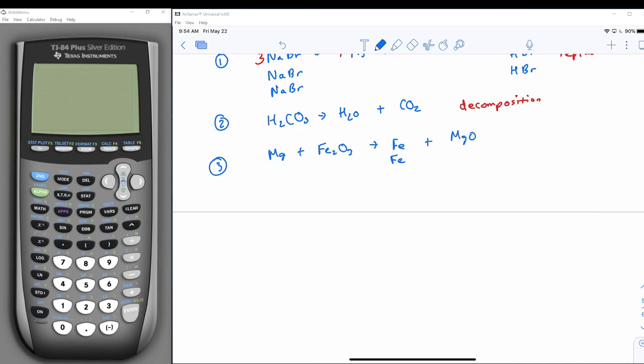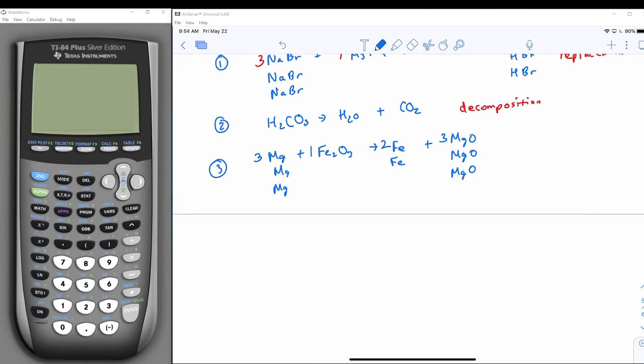Well, we need an Fe here. We need 3 O's here, which means we'll need that. So it is 3, 1, 2, 3. And this, because it's one compound and an element, and they're swapping partners, this is single displacement.